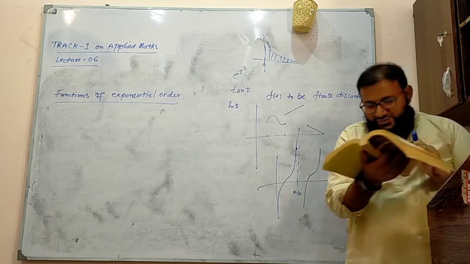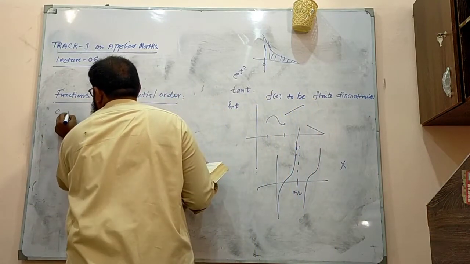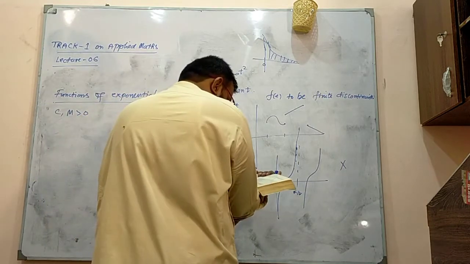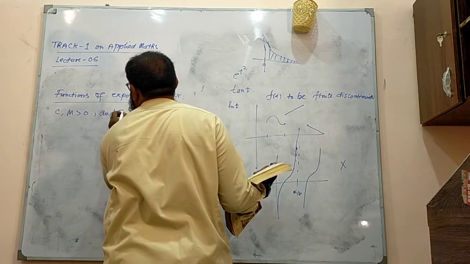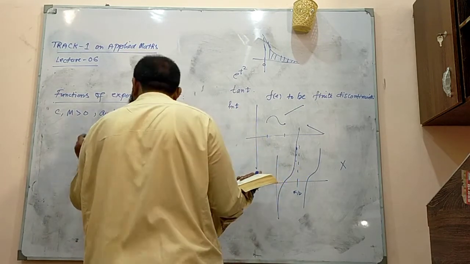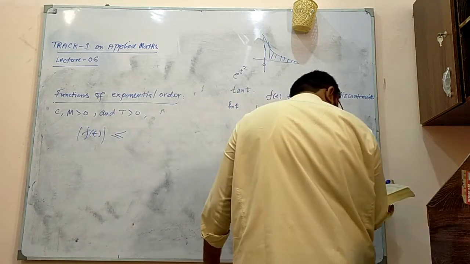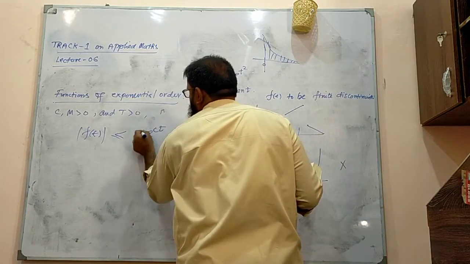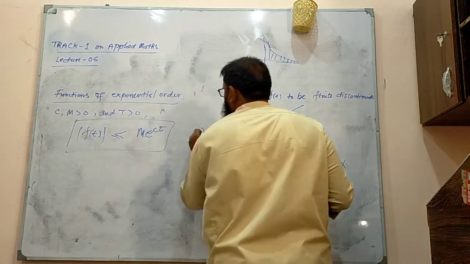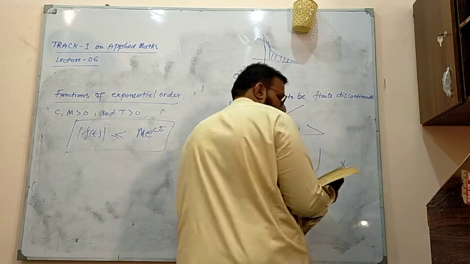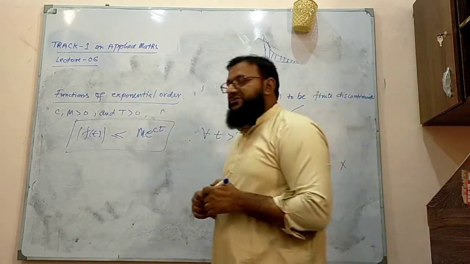So, a function is said to be of exponential order if there exist some constants c and M greater than 0, and let's say some T greater than 0, such that the absolute value of your function can be estimated by M times e raised to ct for all t greater than T. When a function satisfies this particular property, we call it a function of exponential order.